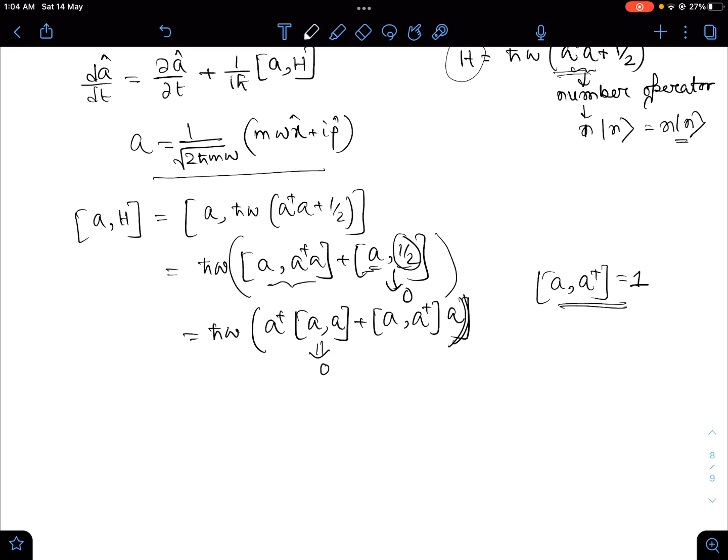This is the standard commutation relation that you can find in any quantum mechanics book.